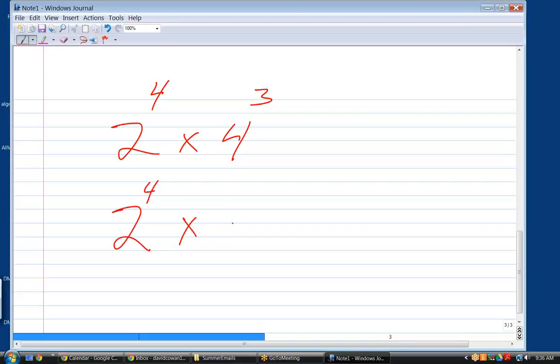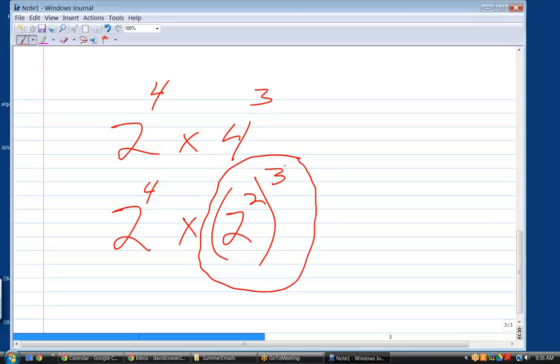I'm going to write the number 4 as 2 squared, in parentheses, always, because we still have to cube it. Now, what properties of exponents can we use to simplify that?